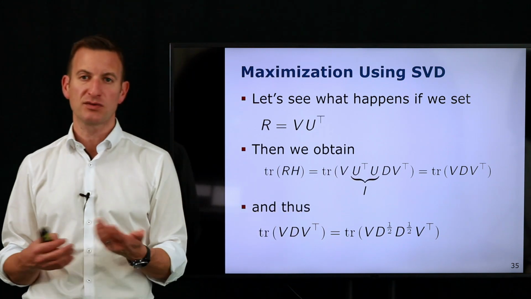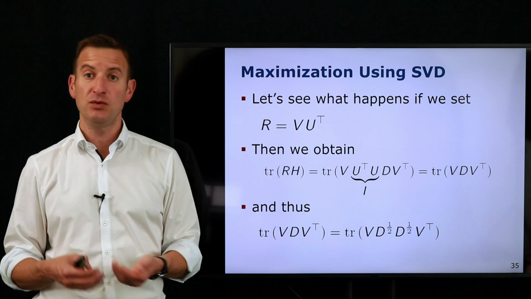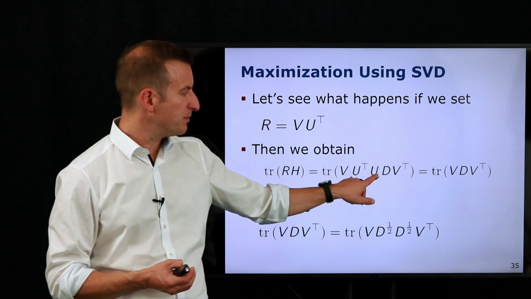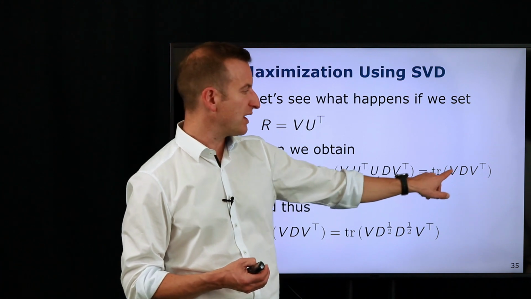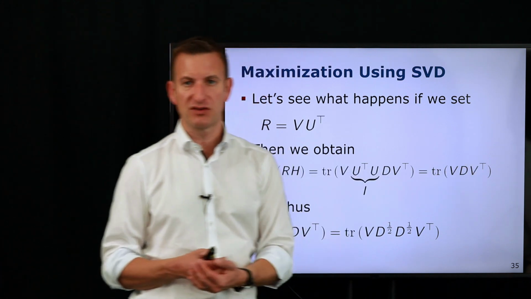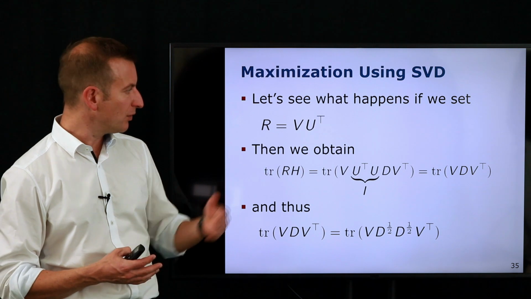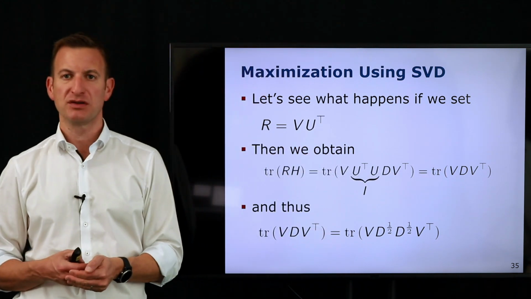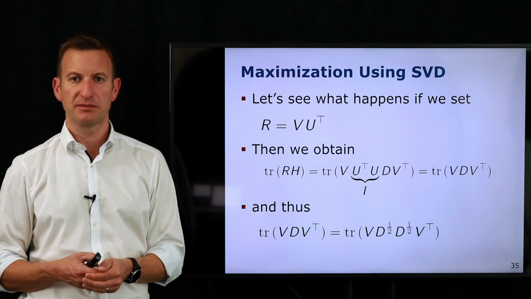Given that U is a rotation matrix, U transposed U gives me the identity matrix. As a result, those two matrices disappear, and I am left with the trace of V D V transposed. So by setting R in that way, my trace expression simplifies to this term.